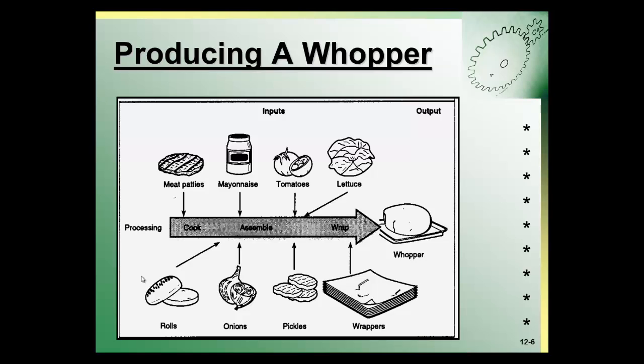Now, in this slide, we are actually looking at figure 12.2 from the textbook. This figure offers an operational illustration on how to build a Whopper. In this figure, processing starts with the cooking of a meat patty. During the assembly process, rolls, mayonnaise, onions, tomatoes, pickles, and lettuce are all combined to build the sandwich, which is placed in a wrapper. And the final product is a Whopper.